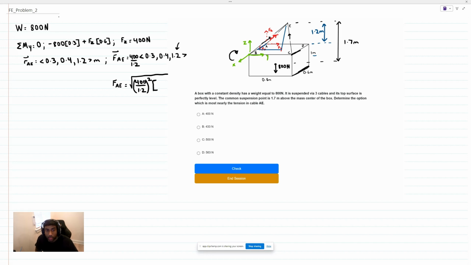So this is technically 0.5 and 1.2 is what we're finding the magnitude of. That's another Pythagorean triple, 5, 12, 13. So essentially this can be reduced to 1.3. So this entire quantity is 400 times 1.3 over 1.2. That means that this is equal to approximately 433.33 newtons.